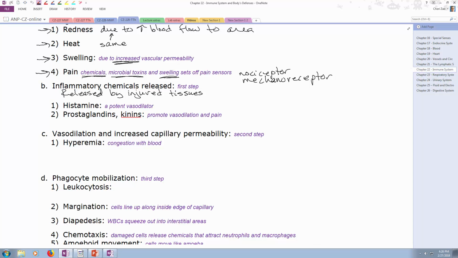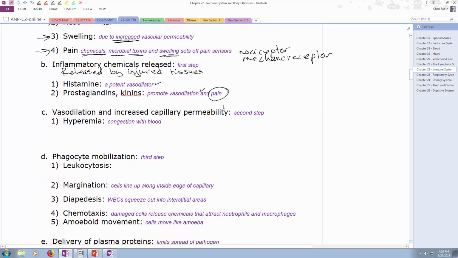That's part of mast cells and basophils. Histamine is a very potent vasodilator. The injured tissue will also release prostaglandins and kinins. And those both promote vasodilation, just as histamine does, but they also activate nociceptors and therefore produce pain. So prostaglandins and kinins also will cause pain for you in those areas.